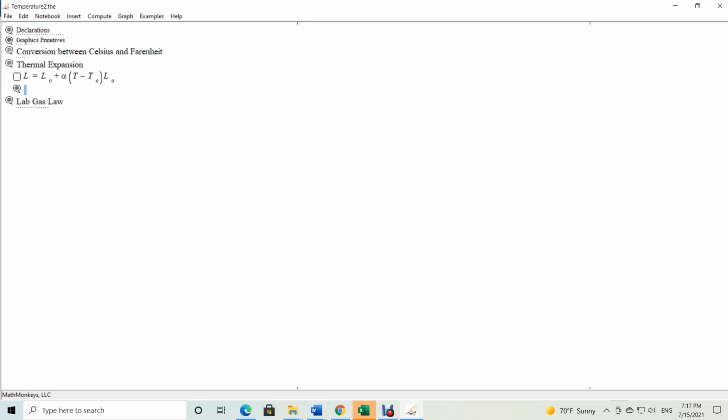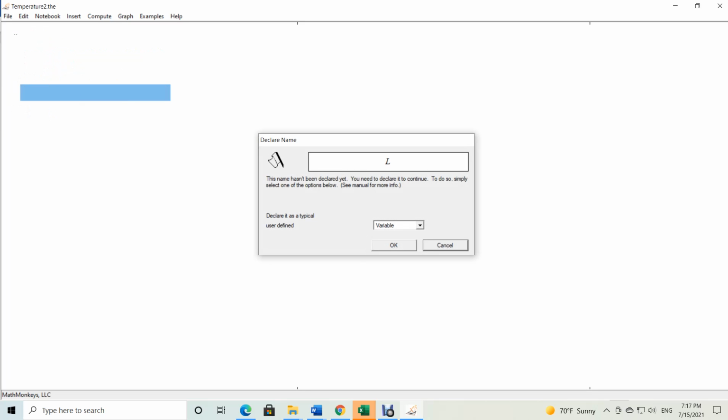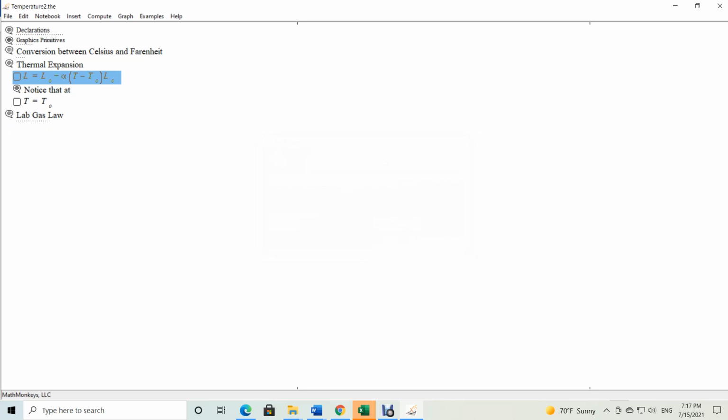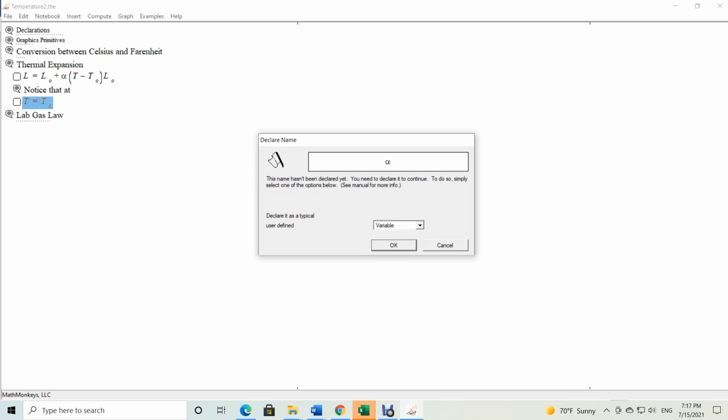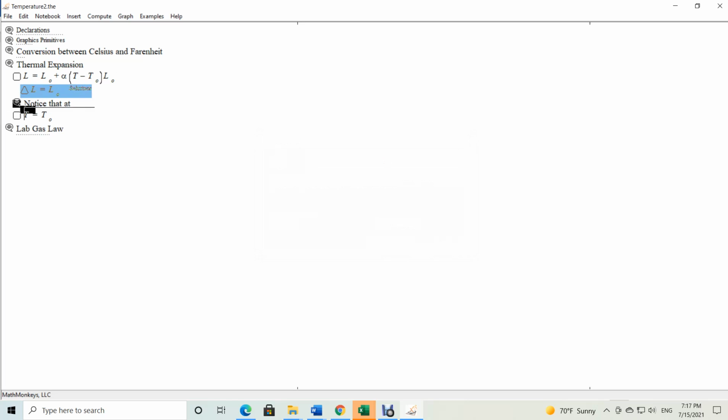Note that at T equal to T naught, L and L naught cancel. Be careful with that. At T equal to T naught, L ends up being equal to L naught.